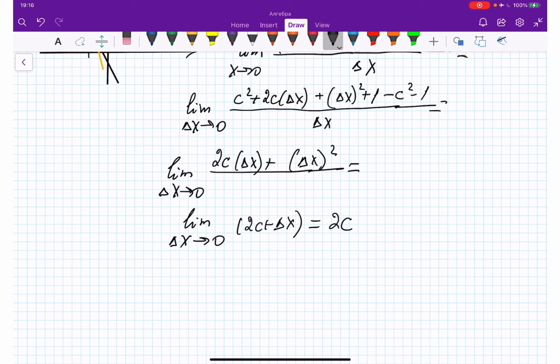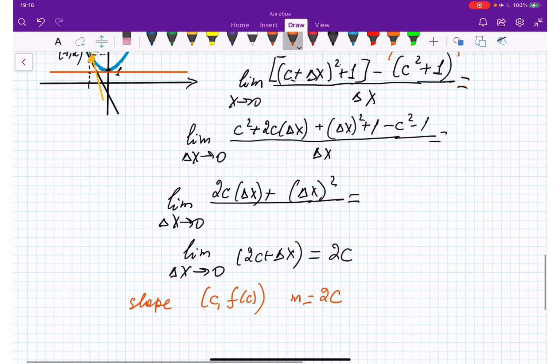Okay, so the slope at any point C and f of C on the graph is m, that is equal to 2c. At the point 0, 1, the slope is equal how much?